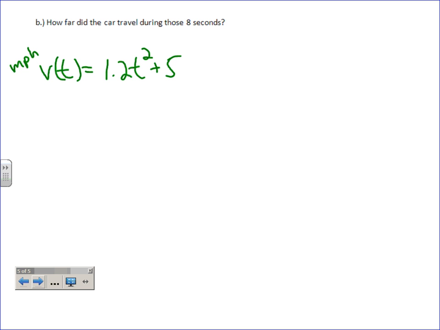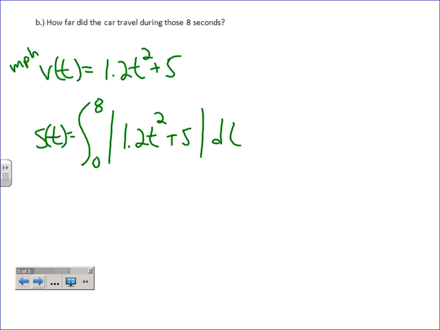So why don't you go ahead and basically find it, because if I take the antiderivative of that, it will give me position, so go ahead. If you want to keep the absolute values in there, you're fine, because it's probably a good habit.